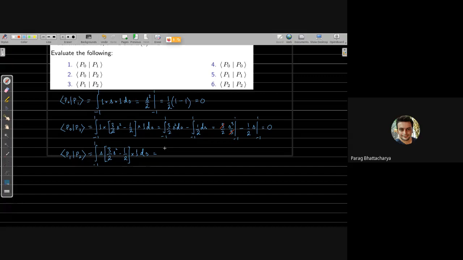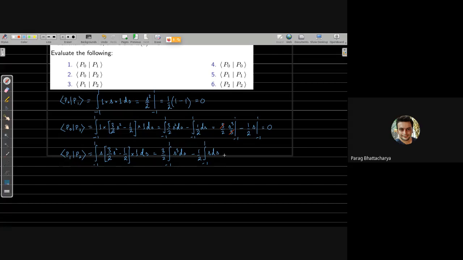So we have 3 by 2, take it outside. So integration from -1 to +1, S into S square will give us an S cube into ds. Then we have minus 1 by 2, integration from -1 to +1, S into ds.